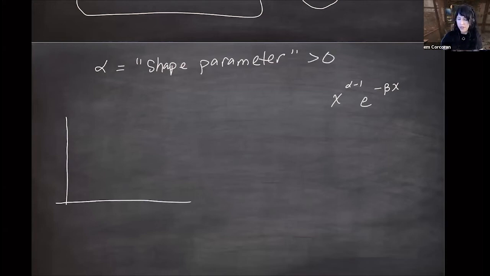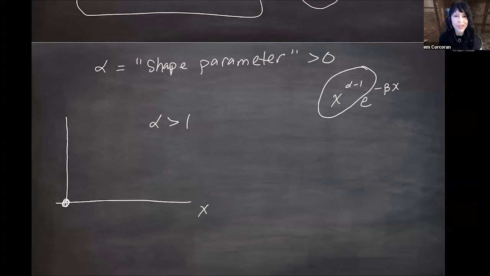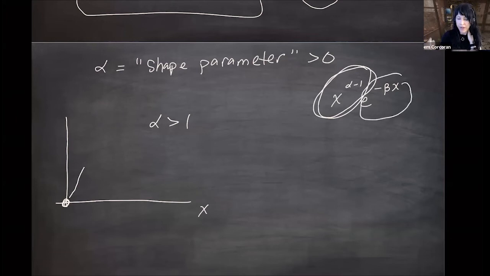And if it is greater than 1, then you have x to a positive power, and when you evaluate that at 0, it is actually equal to 0. And the x to the positive power is going to be something increasing, but eventually the e is going to drag it down.